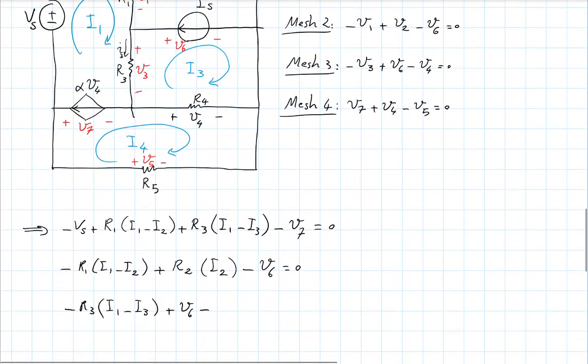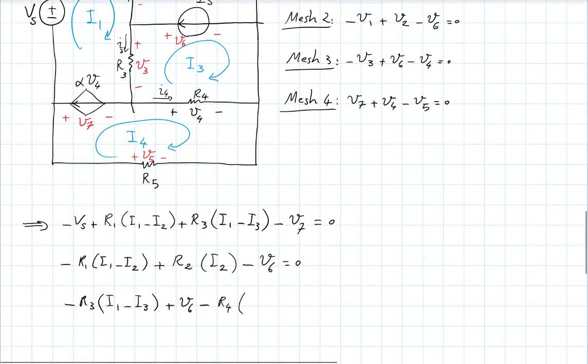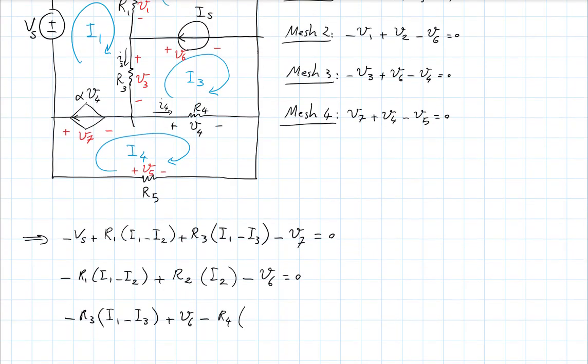Now, V4 would be R4 times this current, if you call this I4. So minus R4 times that current. But the current I4 itself, little I4, is in terms of mesh currents, big I4 minus big I3.